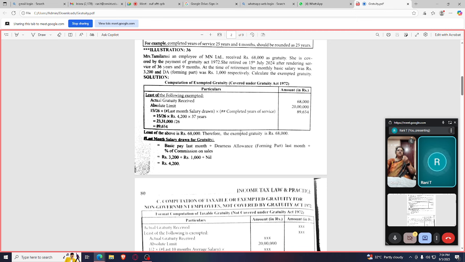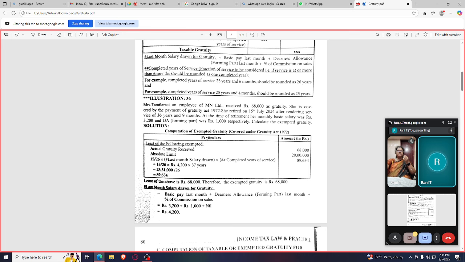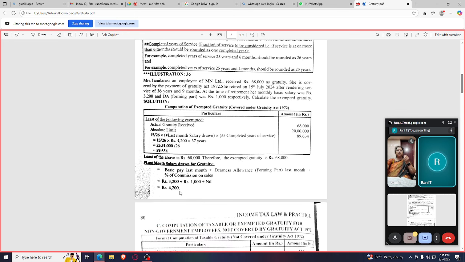So what is the exempted gratuity? That is 68,000. So here in this problem, what is the question asked? See, compute the exempted gratuity. Among these three, 68,000 is the least, so that 68,000 is the exempted gratuity. How have you calculated the monthly salary?